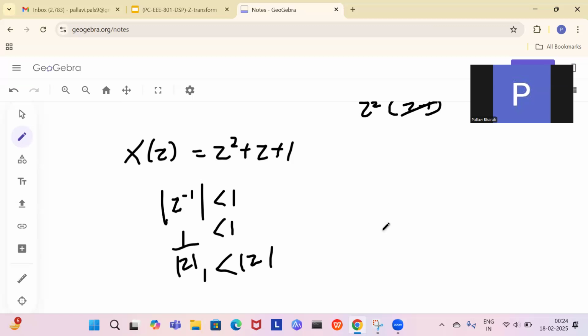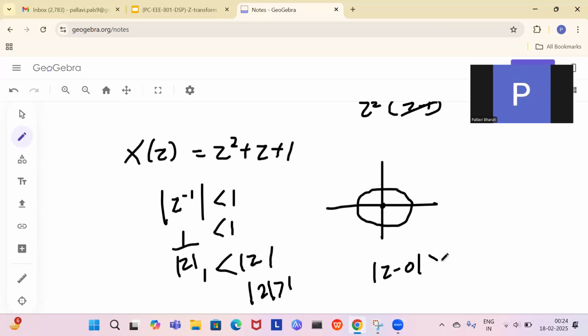Mod z greater than 1 means there will be a circle centered at the origin. What does that mean? Mod of z minus 0 is greater than 1.